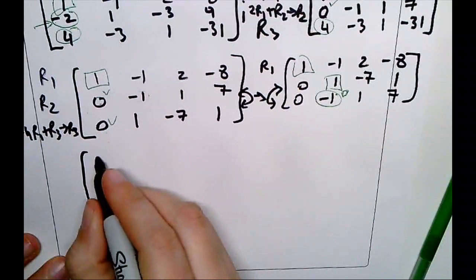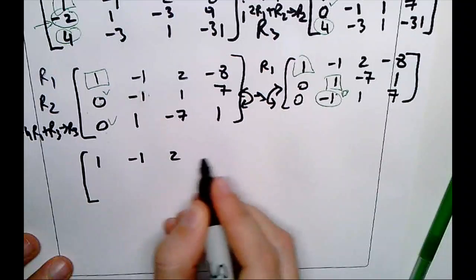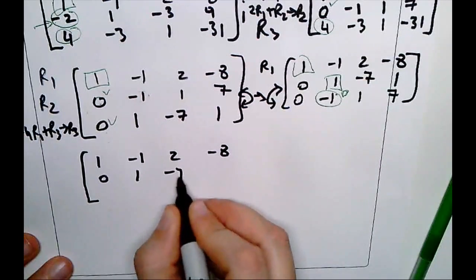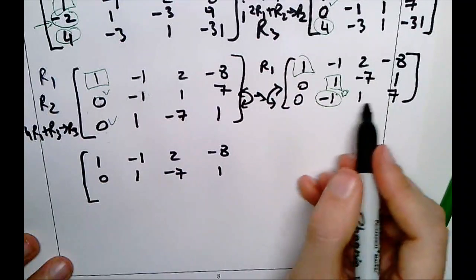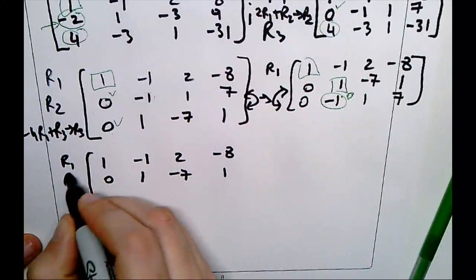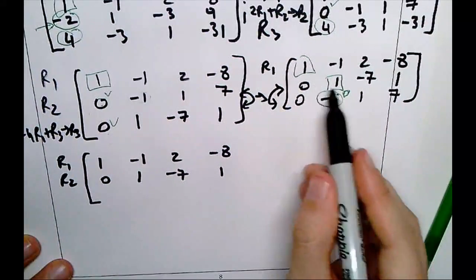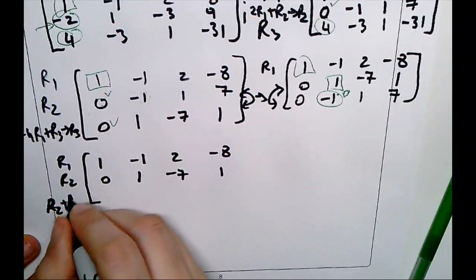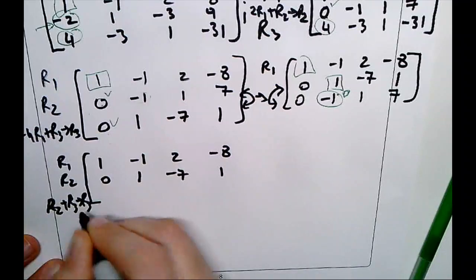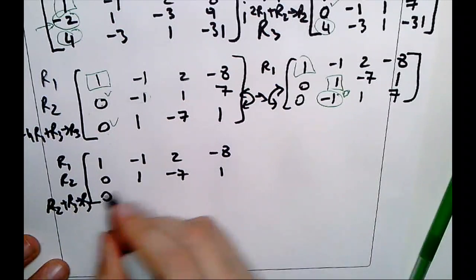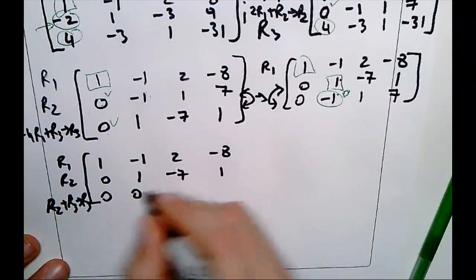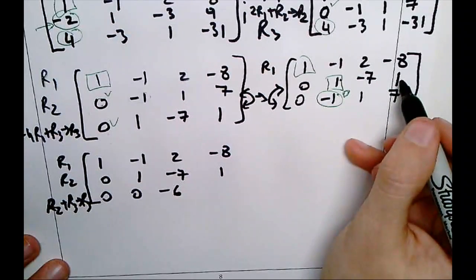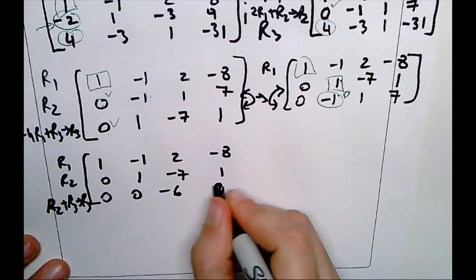So row 1 stays the same, row 2 stays the same, and row 3 becomes row 2 plus row 3. So 0 plus 0 is 0. 1 minus 1 is a 0. -7 plus 1 is -6. And 1 plus 7 is 8.